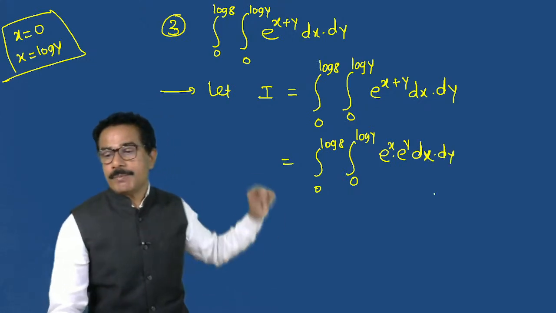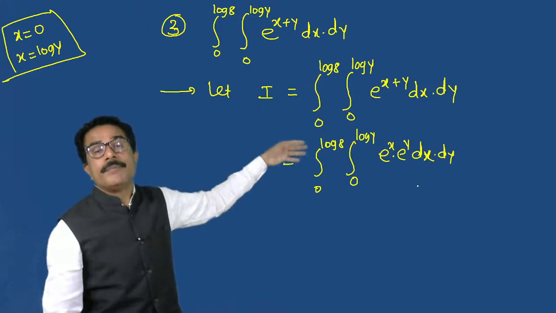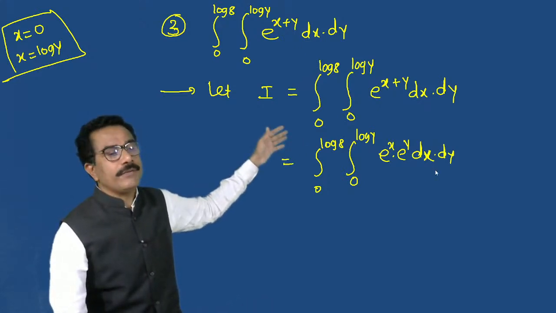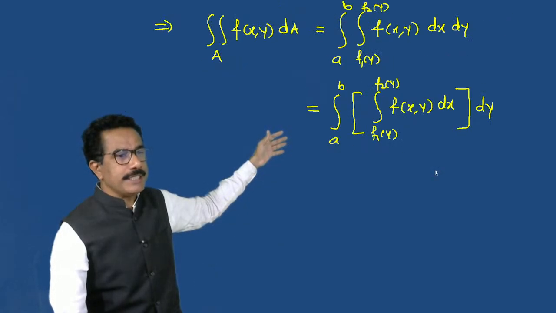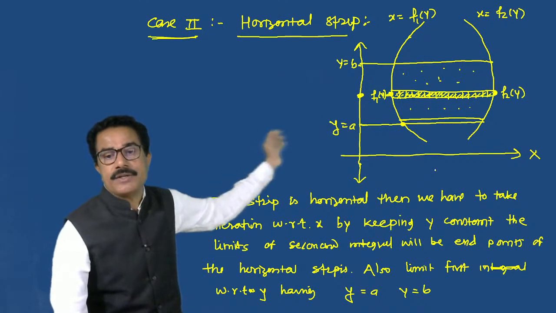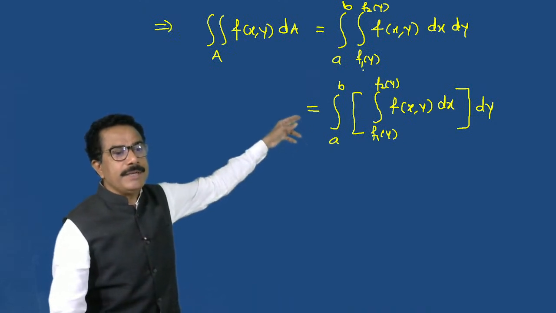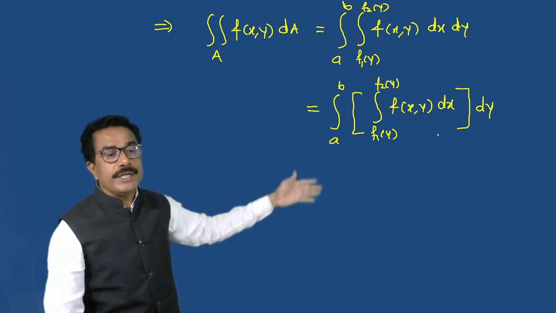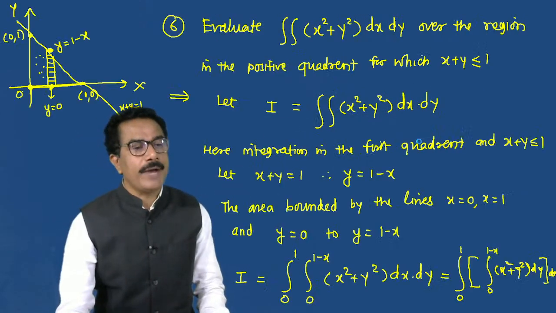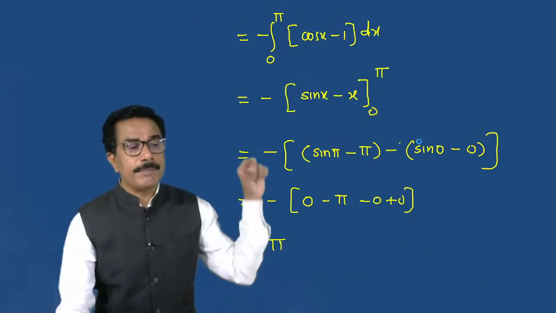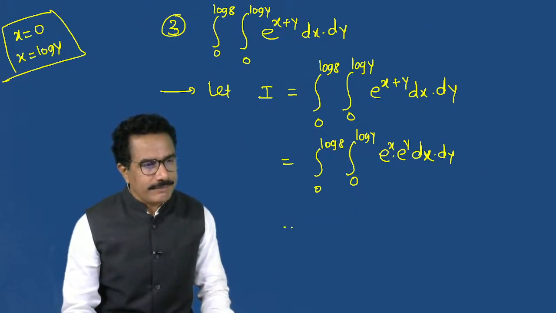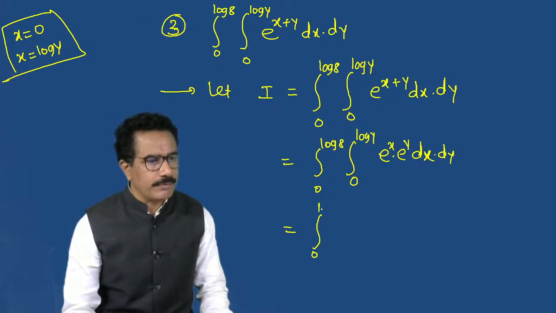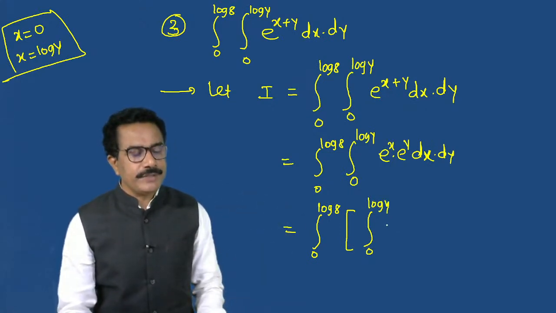Tell me, here do we have to take integration with respect to x or y? Here we integrate with respect to x first, keeping y constant, because the limits of the second integral are in terms of y and the strip is horizontal.